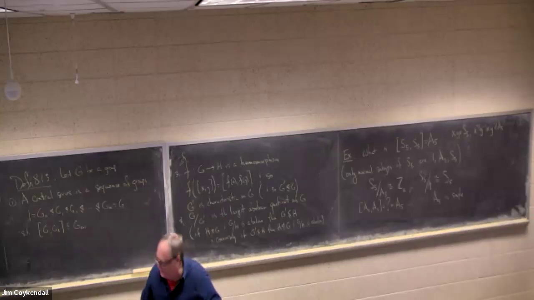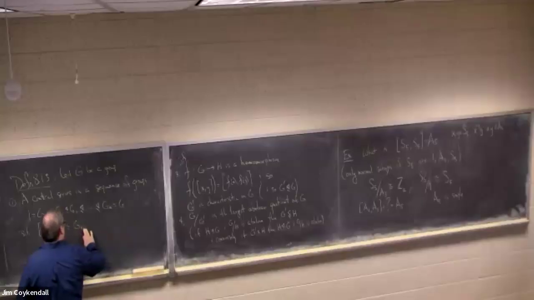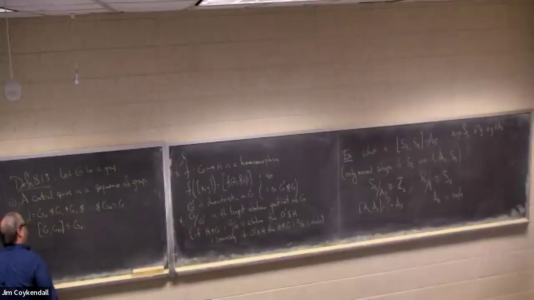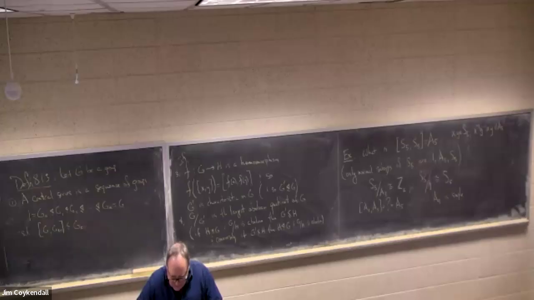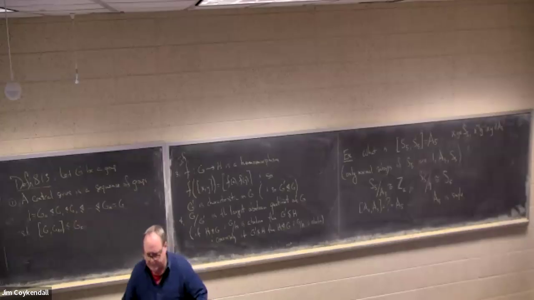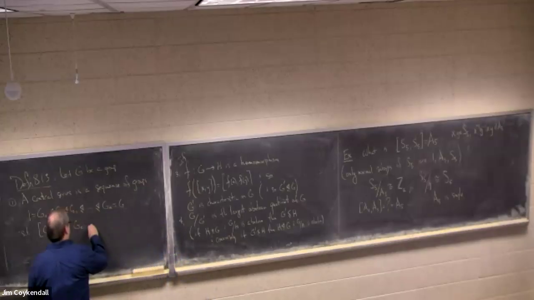Oh, I'm sorry, I forgot to define this, that's G_0 equals one. G_k plus 1 is normal in G_k, but for all appropriate k.